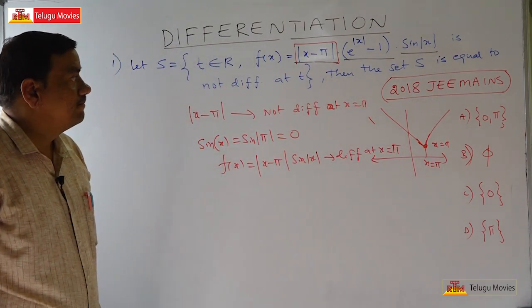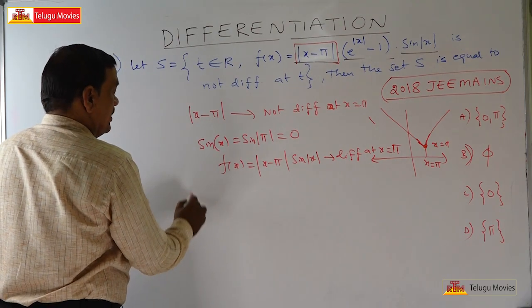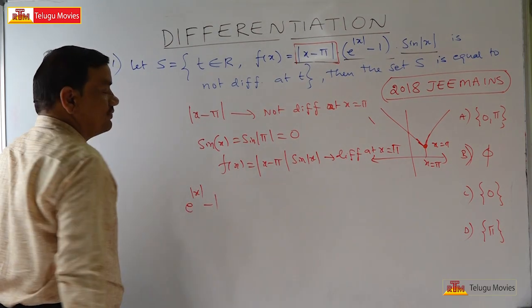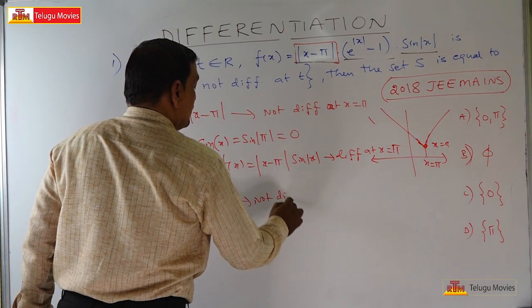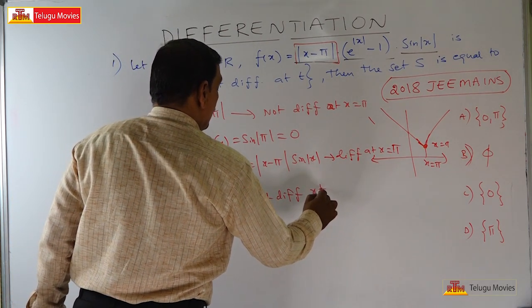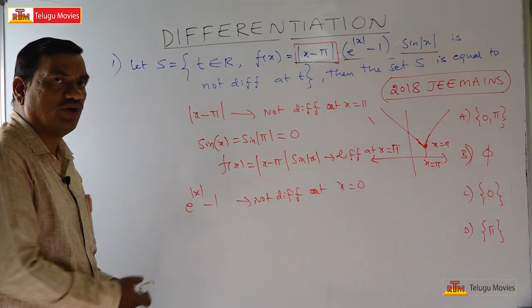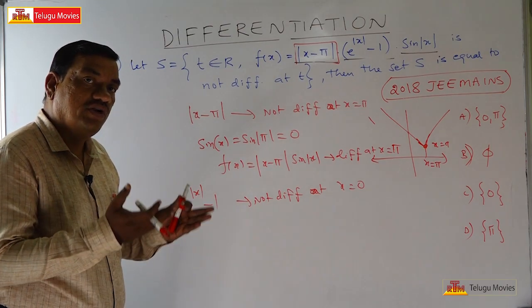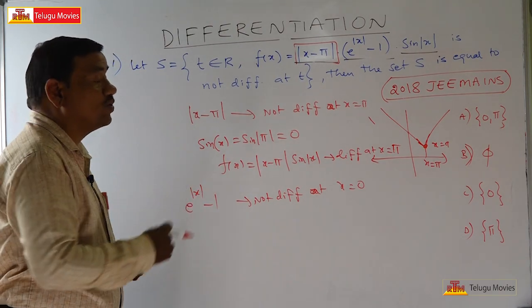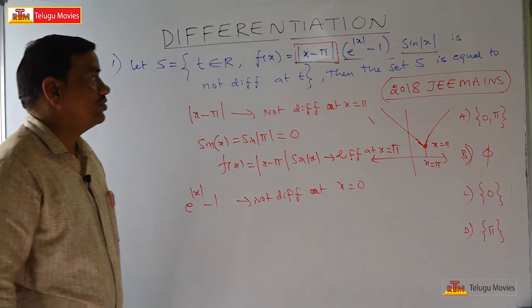Now, take this function, e power modulus of x minus 1. It is not differentiable at x equal to 0. If you draw the graph of e power modulus of x minus 1, you will get a sharp edge at x equal to 0. Okay now? Right. It is not differentiable at x equal to 0.